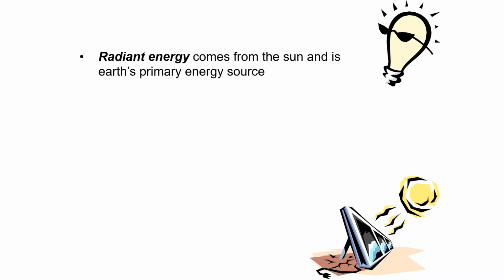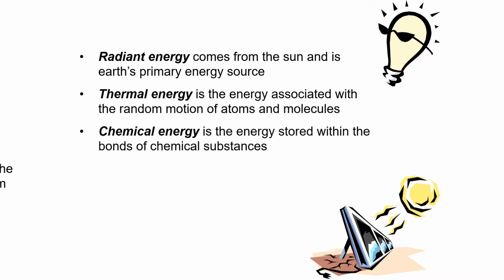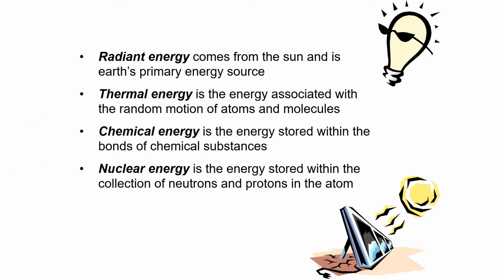These are just some other types of energy. We're going to focus on thermal energy, which is going to be associated with motion of atoms and molecules. But we survive on this earth because of radiant energy that comes from the sun. This is our primary energy source.